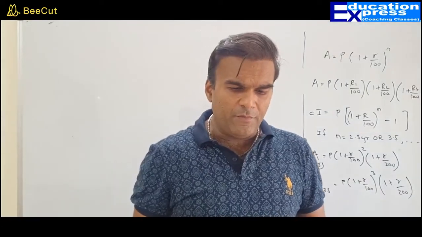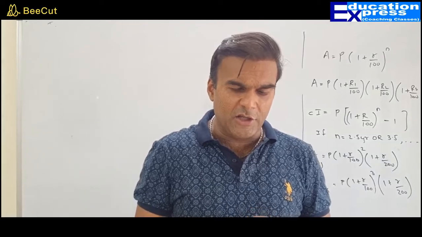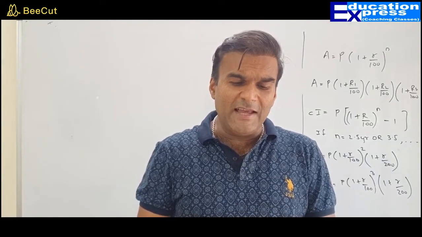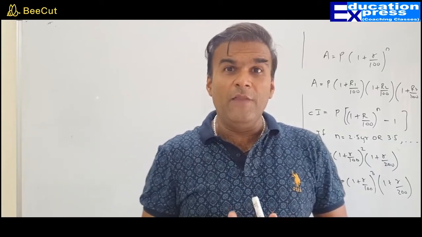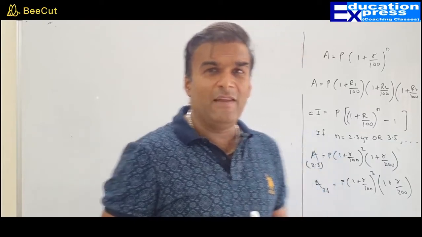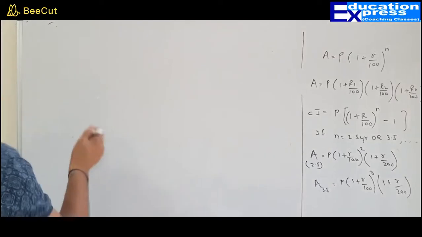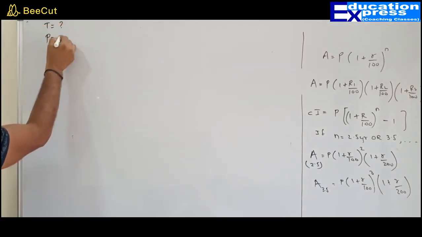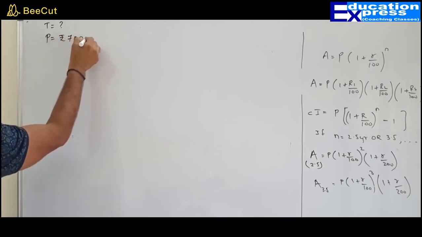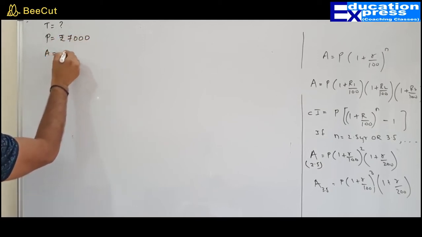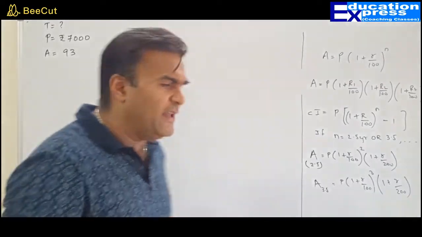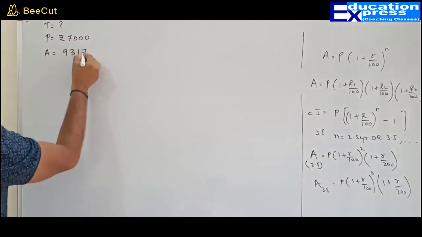Question number 13. In how many years, now this time they are asking you the period. In how many years will 7,000 amount to 9317 at 10% per annum? Time is not given. Principal is 7,000, amounts to 9317.